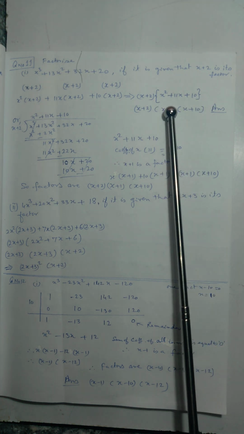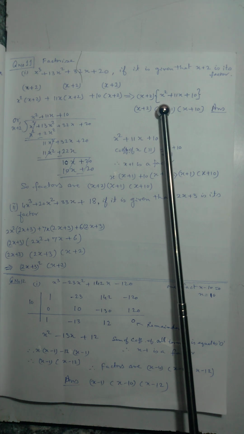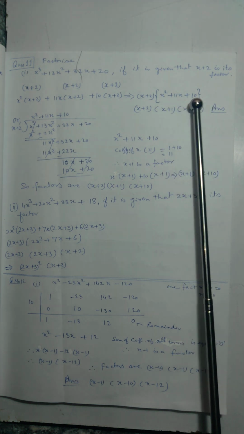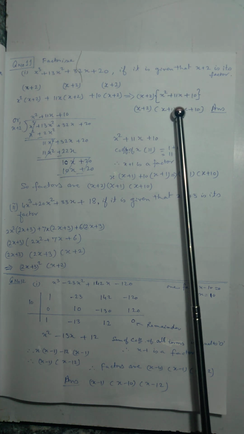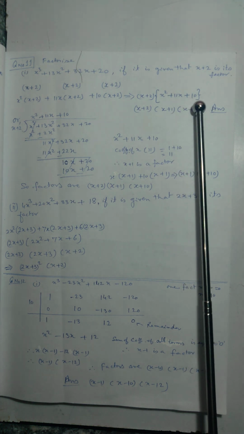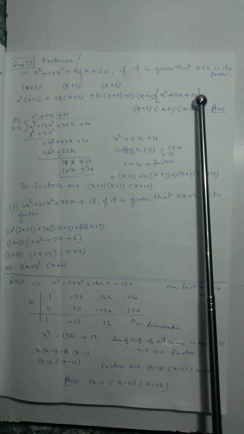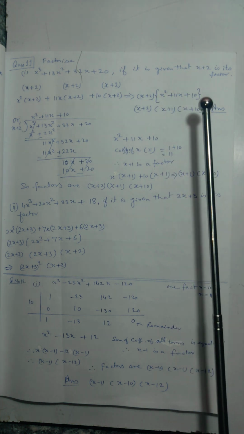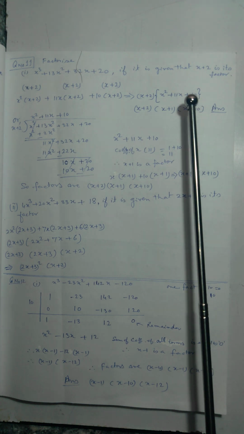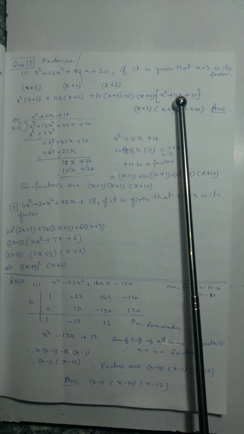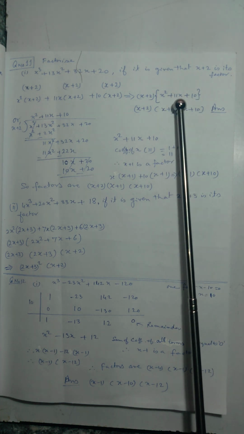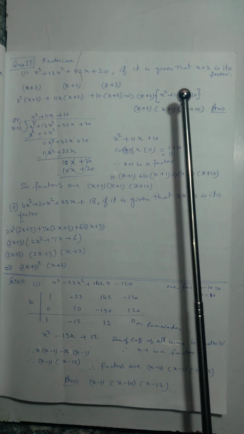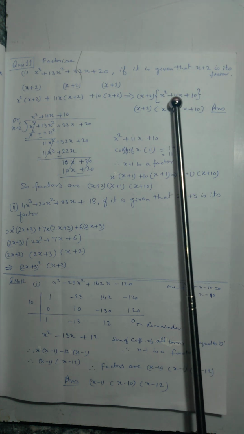Now it is very simple. You can factorize this x square plus 11x plus 10 also. You see, we have to split this 11x in such a way that the product of the constant and the coefficient of x square is equal to the product of the factors of 11, and while you add them, you will get 11.